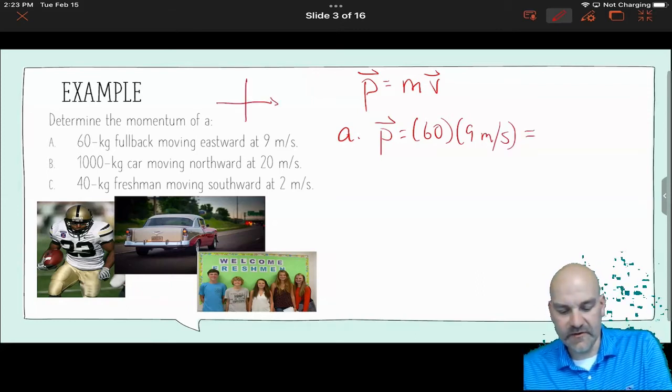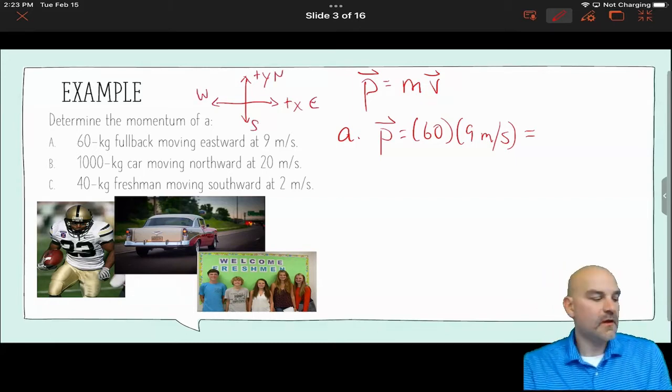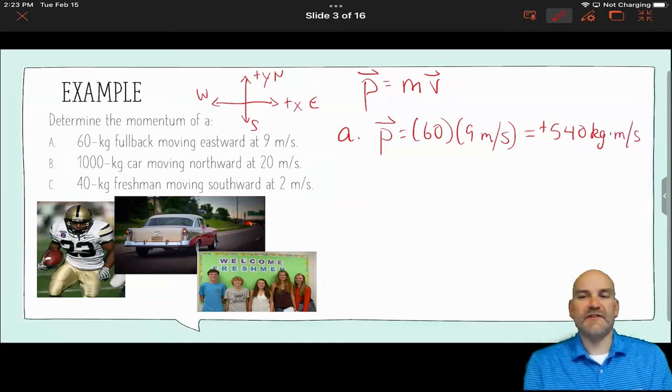We'll use our compass directions: positive x will be east, positive y will be north, south will be negative, west will be negative. So we do 60 times 9, which gives us 540 kilograms times meters per second. Something to note is there's no special unit for momentum; it's just the unit of mass times the unit of velocity.